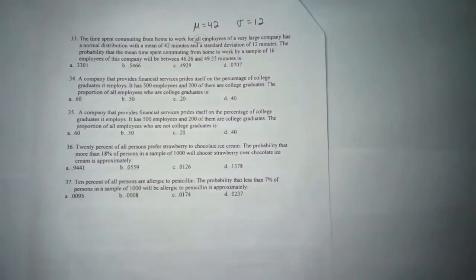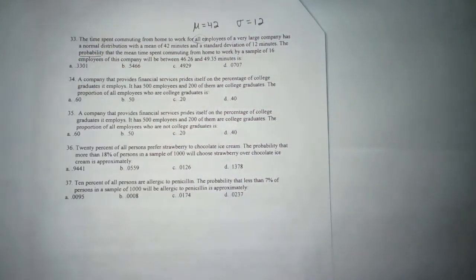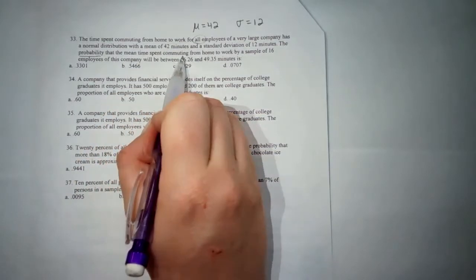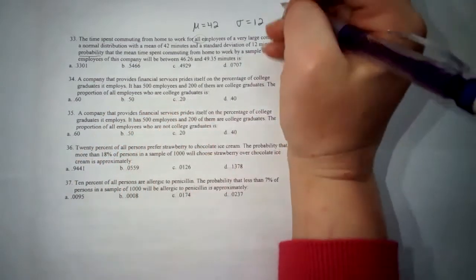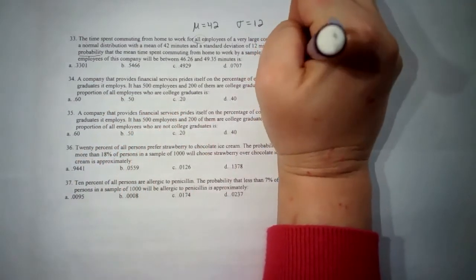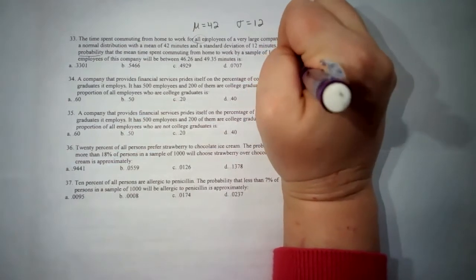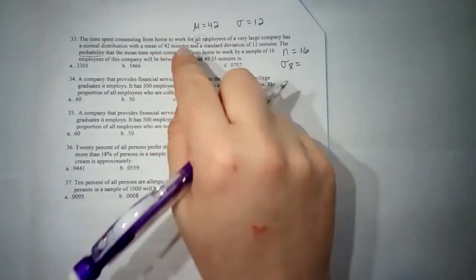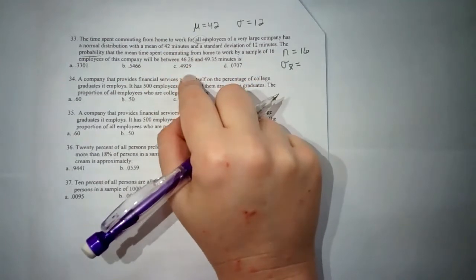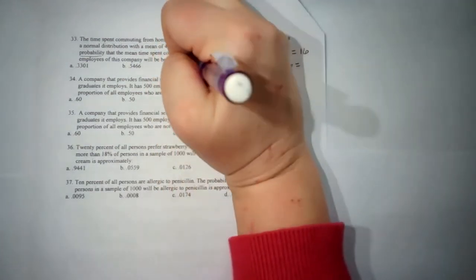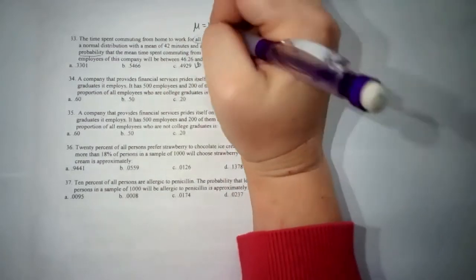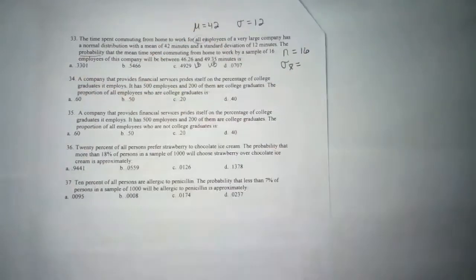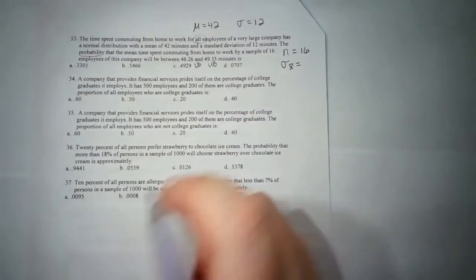The probability, we're using normal CDF, that the mean time spent commuting by a sample of 16, that means we have to find sigma x bar, employees of this company will be between these two boundaries. So we have a lower bound of 46.26 and an upper bound of 49.35.